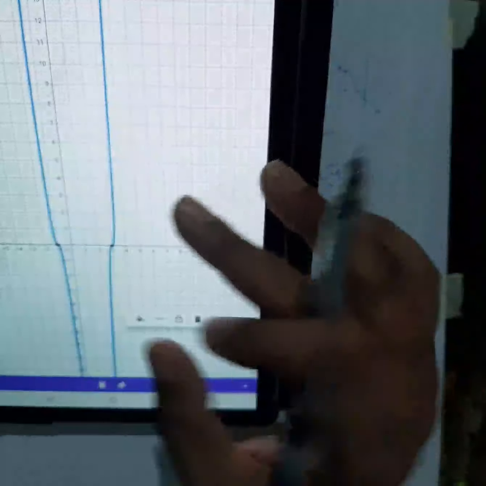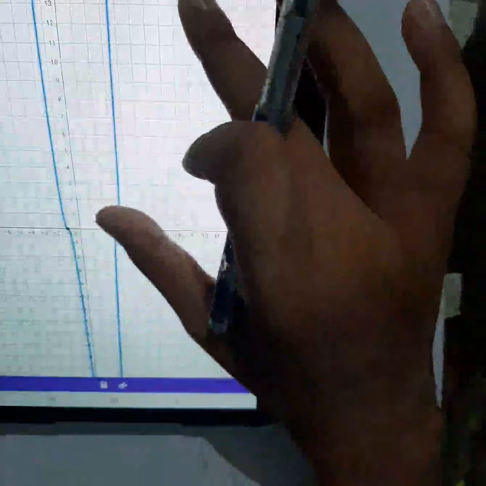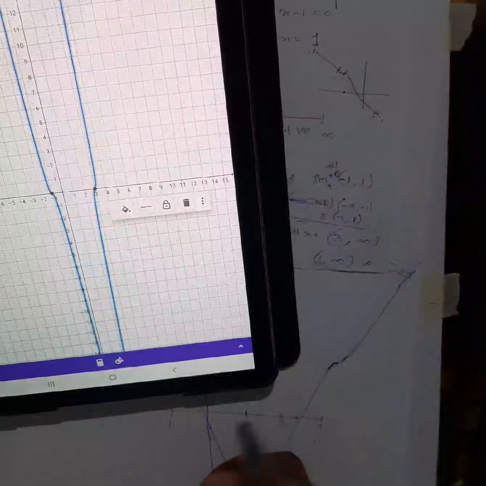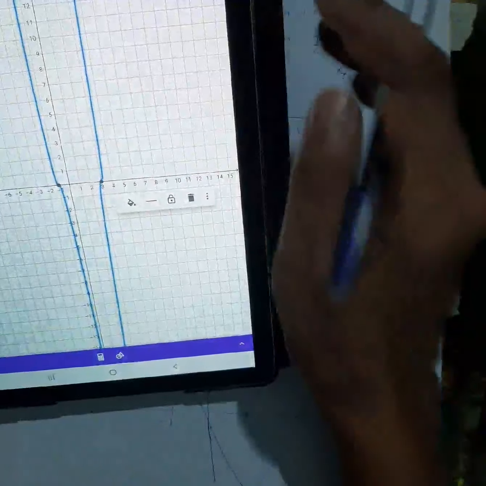But if they ask the graph to find out whether it is increasing or decreasing, then simply we would have written -infinity to 1 it is decreasing, and then 1 to infinity it is increasing. Directly the interval would have been like this.